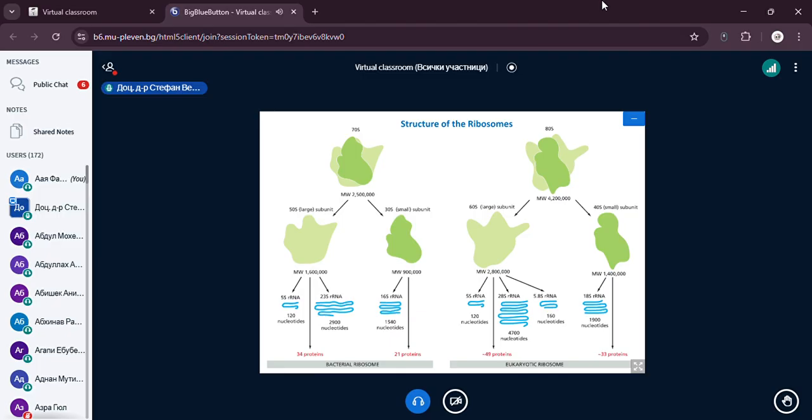And let's see what is the composition of these large and small subunits. As I told you, ribosomes consist of proteins and ribosomal RNA. And you see, the small subunit has around 30 proteins and one molecule of ribosomal RNA. It has 1,900 nucleotides.